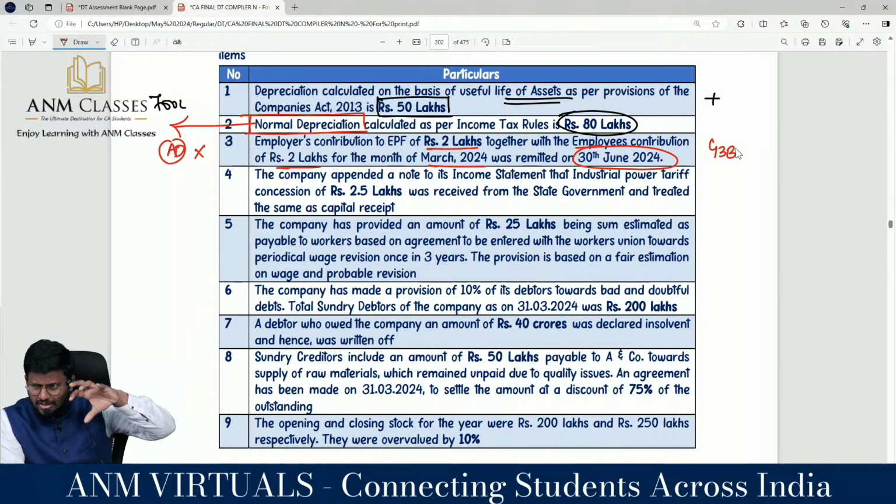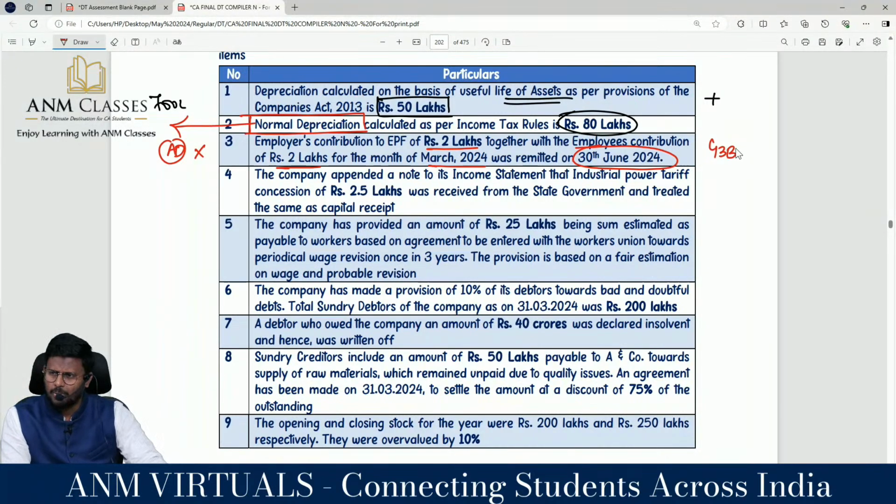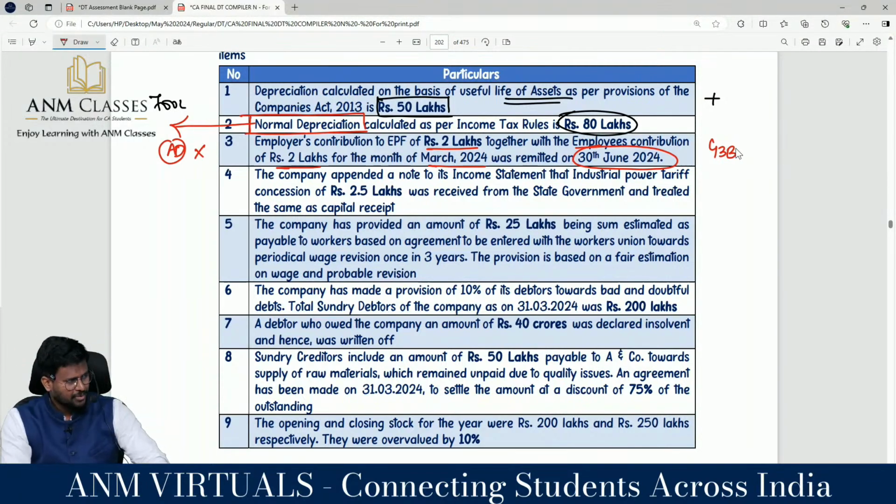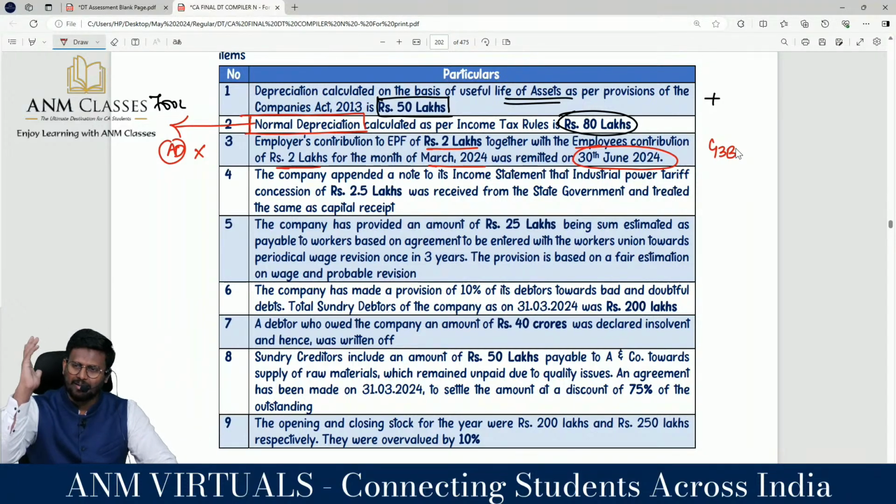That means under 43B whose contributions are covered? Employer's contributions are covered. In 43B the benefit is not available to the employee's contribution. If you want to claim it as a deduction under 36(1)(iv), (iva), (v), (va), it should be deposited to the respective account within the respective Act's time limit. Otherwise we will add it back.